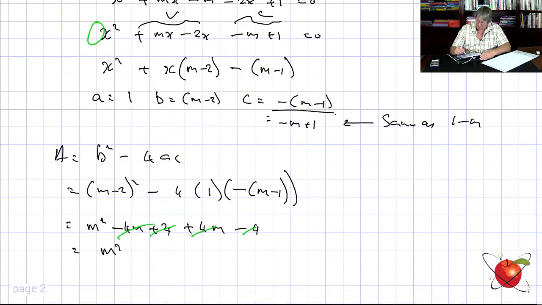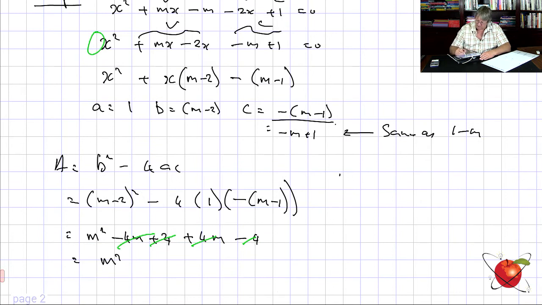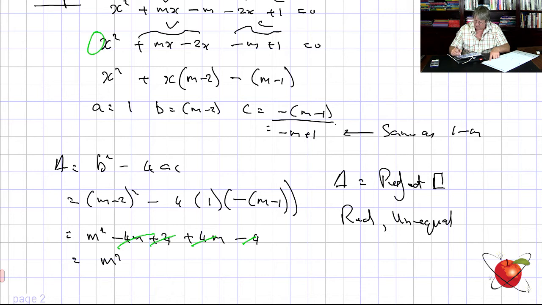So we can say, therefore, delta is a perfect square. Therefore, the roots will always be, let's go from the top down, shall we? Real, unequal, and rational.